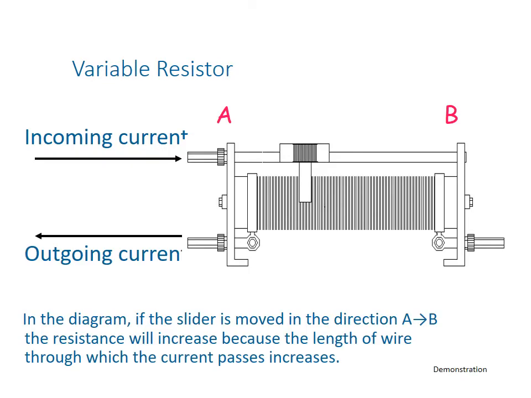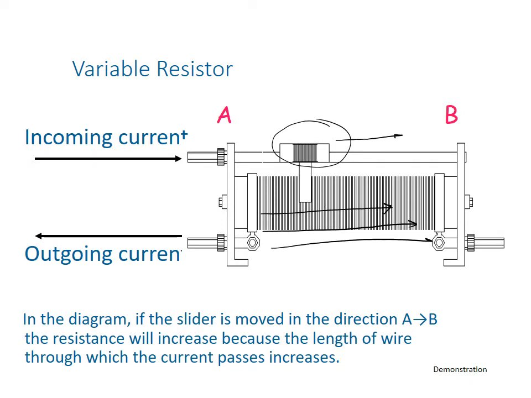So here we've got an example of a variable resistor. In the diagram, if we were to move the slider, which is shown here, from A closer to B, what we're doing is increasing the length of the wire every time it moves closer to B. And the greater the length of the wire, the greater the resistance.